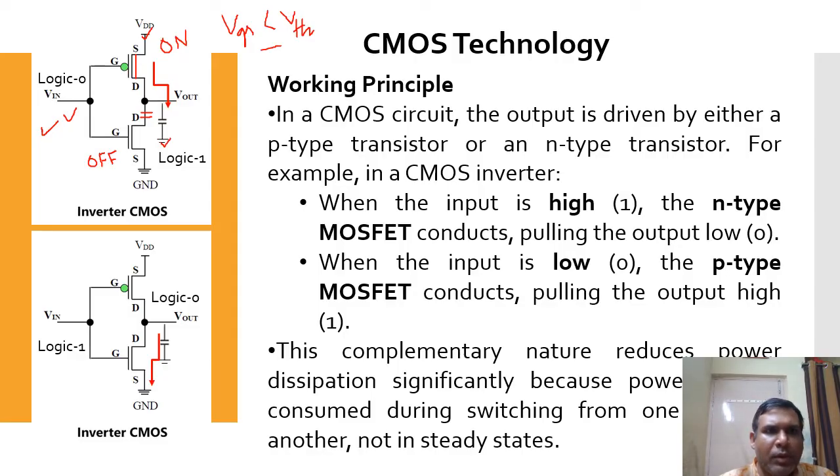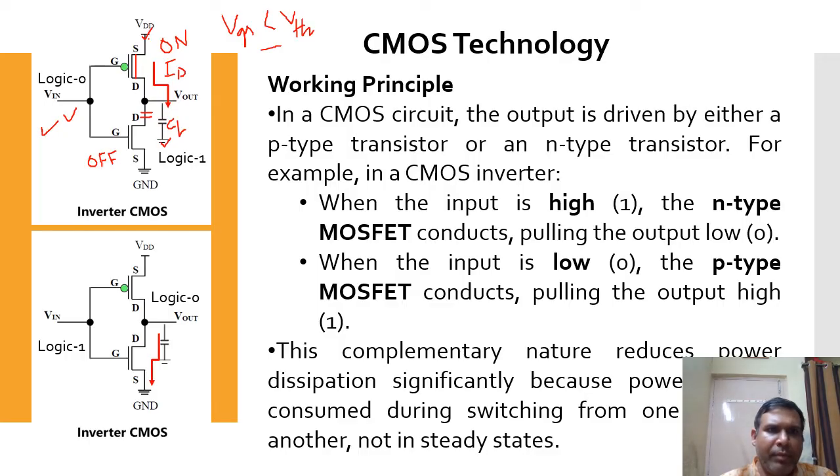This is ground. Now you can see here I added one extra capacitor, called the load capacitor, across the output terminal. So the current, that is ID, will flow from the power supply to ground through the p-type MOSFET, and this ID will charge this load capacitor.